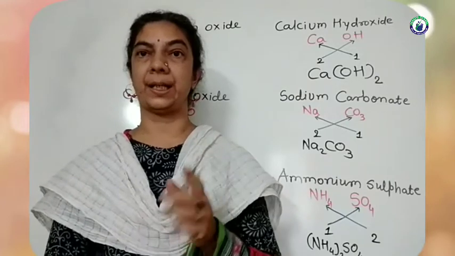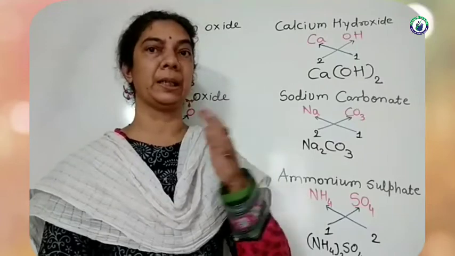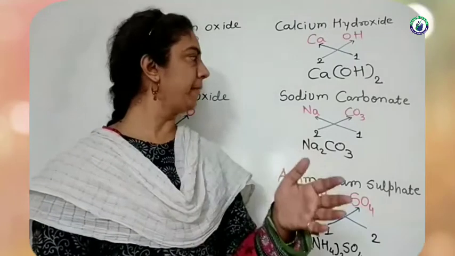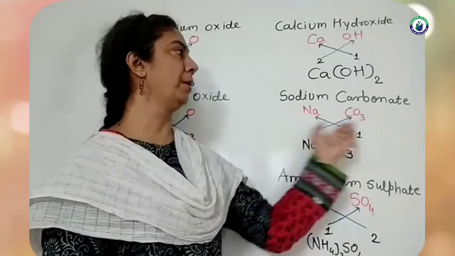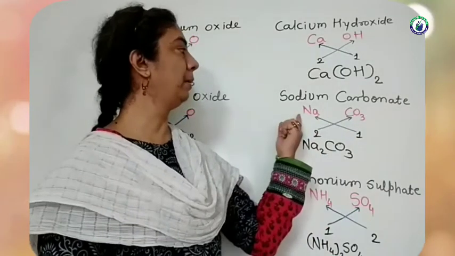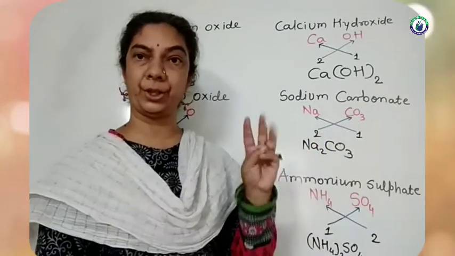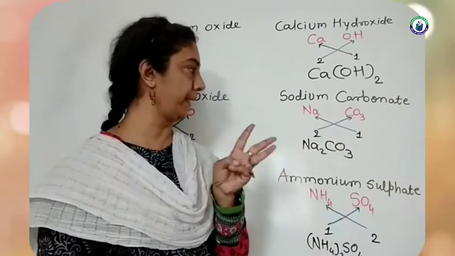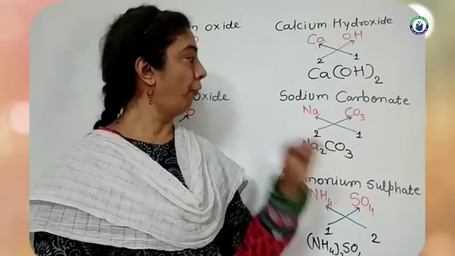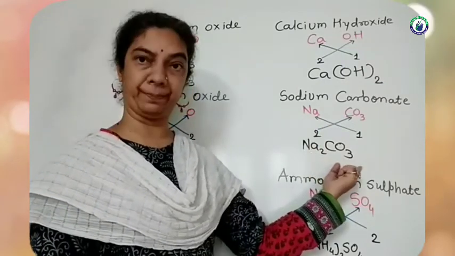Let us understand one example for understanding all these details. Say we are talking about sodium carbonate. We have the elements sodium, carbon and oxygen. 3 elements are present. The formula becomes Na2CO3.